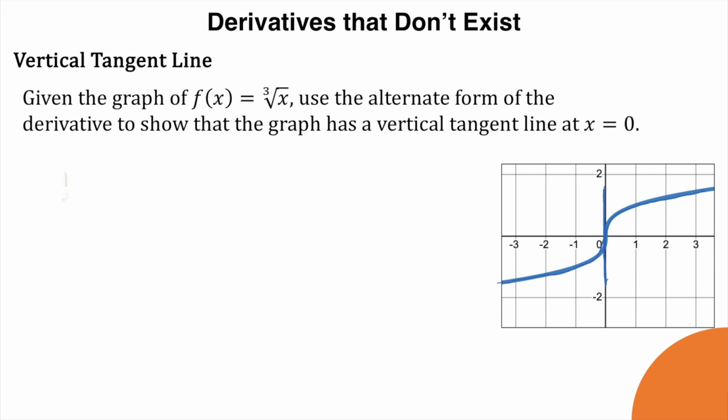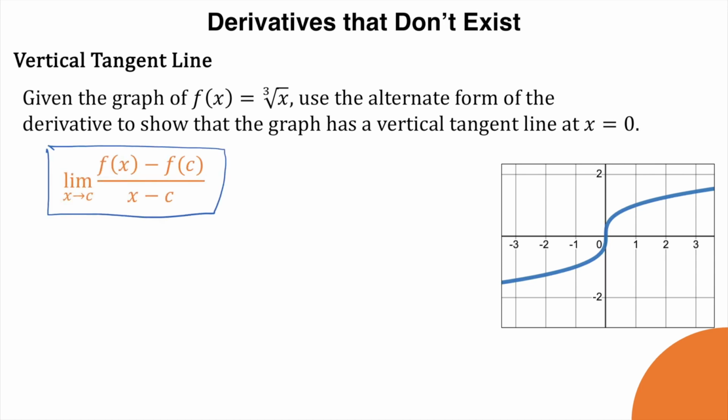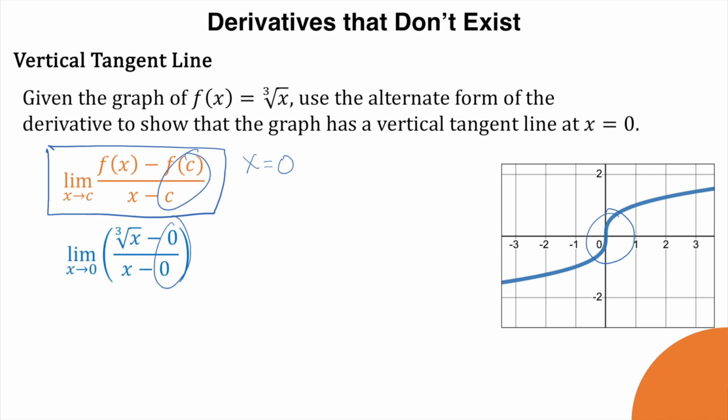Let's look at that mathematically. Again, this is the alternate form of the derivative, and we need to know what happens at this point here at x equals 0. So first thing we're going to do is plug in 0 for c, because that's what we're scooching towards. And then we'll simplify our limit just a little bit.